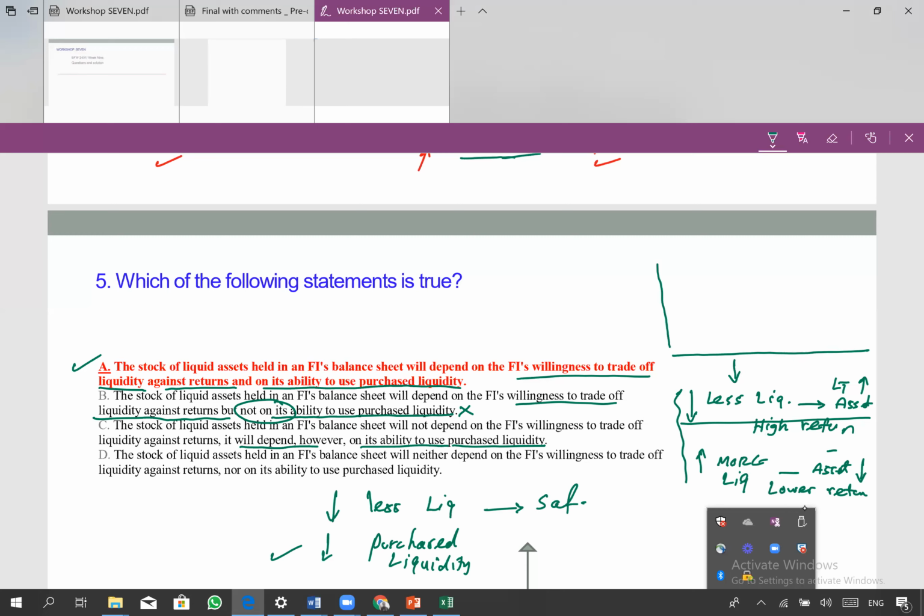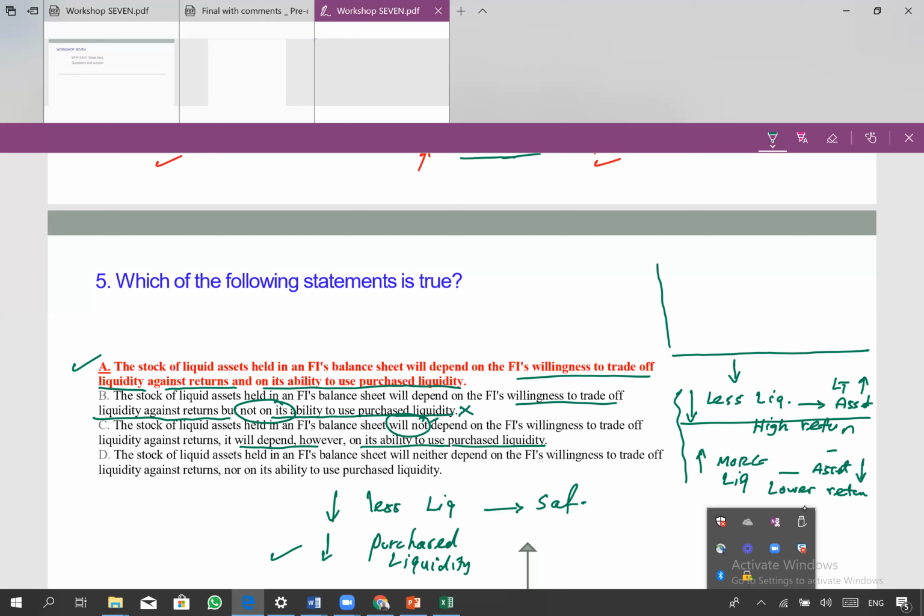About this statement, the stock of liquidity assets held in the financial institution's balance sheet will not, this is the problem. The rest of the statements are okay.